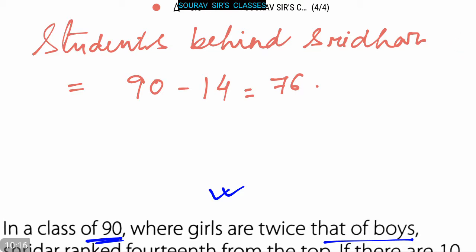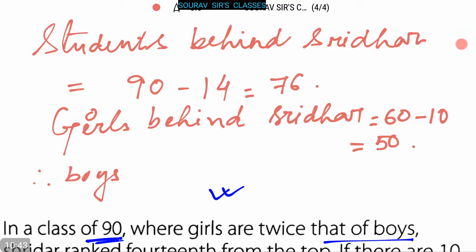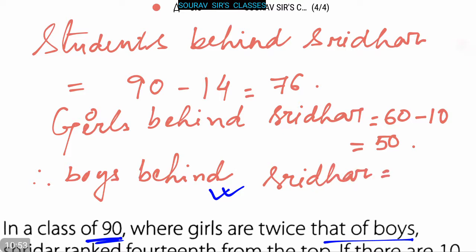Now girls behind Sridhar is equal to 60 minus 10, that is equal to 50, and boys behind Sridhar is equal to 76 minus 50, that is equal to 26.